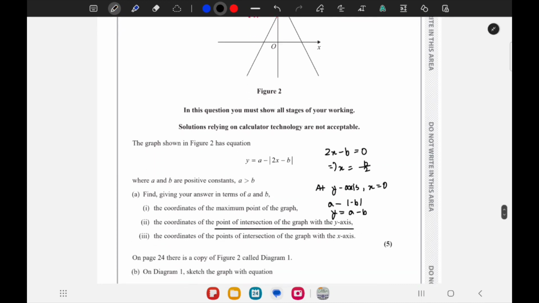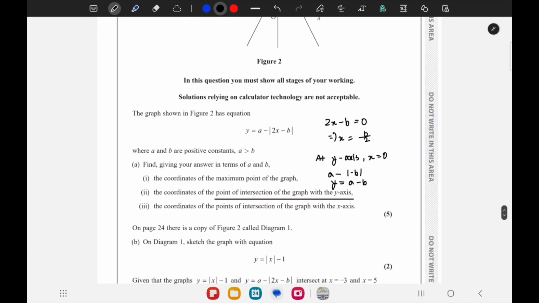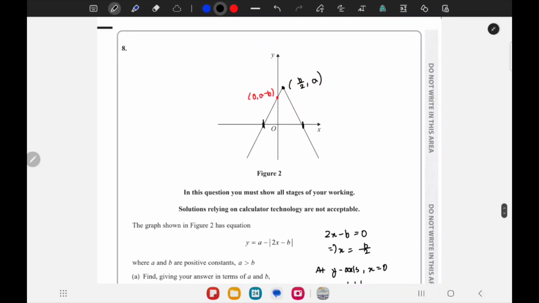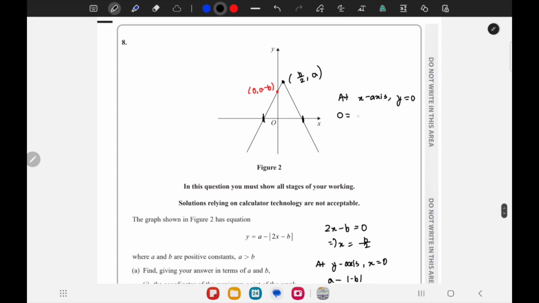And now in part 3 of this question, we want the points of intersection with the x-axis. So this and this point. So at the x-axis y is 0. We'll use that to solve this. So we'll have 0 equals a minus mod 2x minus b.